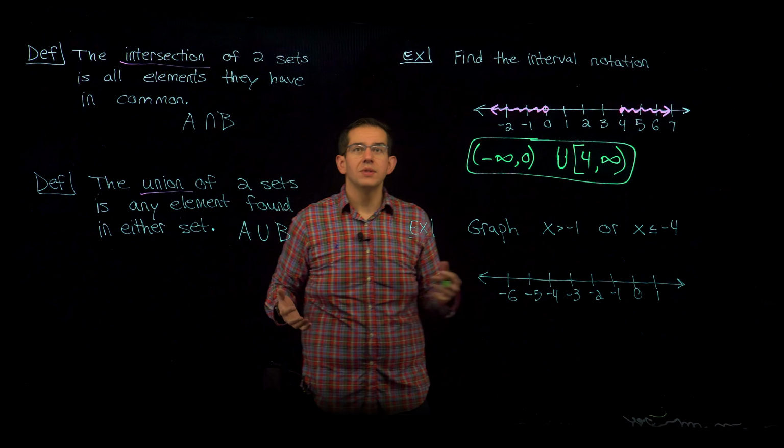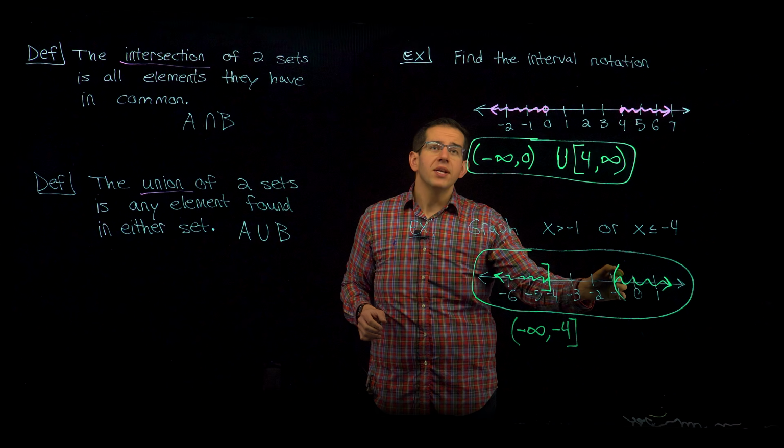And since we're at it, let's just go ahead and show what the interval notation would be for this problem as well. We're starting with negative infinity since our arrow points all the way to the left and going until -4. We know negative infinity has to have a parenthesis with it. -4 is included with a bracket.